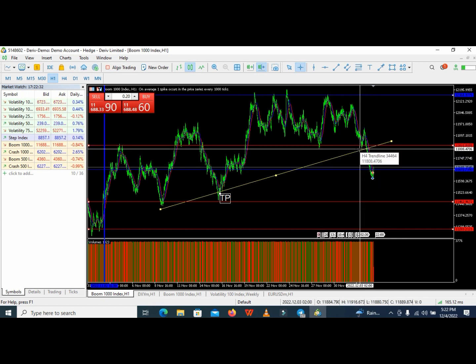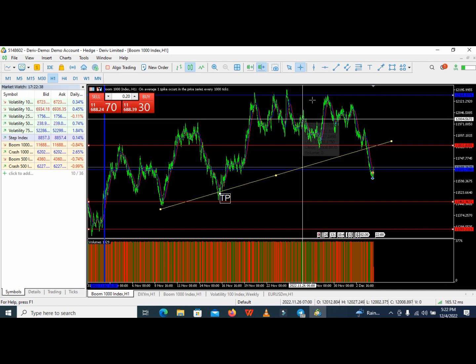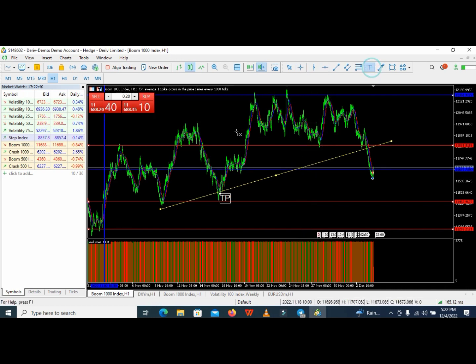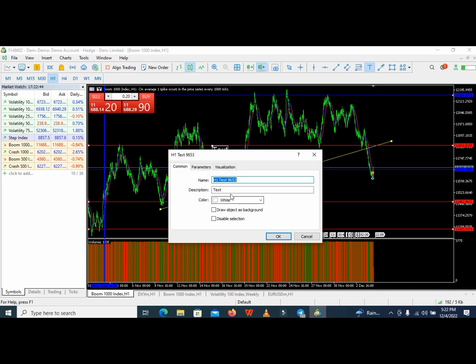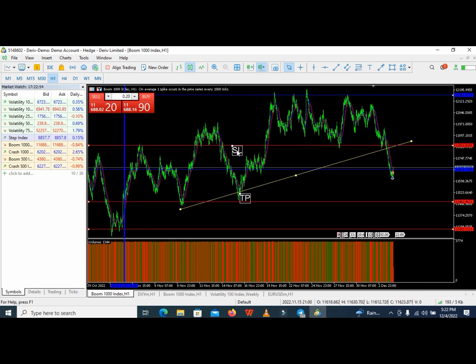So at least I don't get stopped out early. So for example, I'll bring my stop loss here. So let me write it. Stop loss. So the SL is for stop loss and the TP is for take profit. Yes.